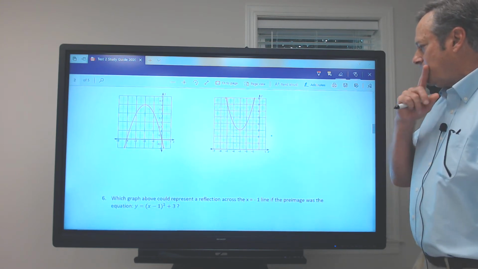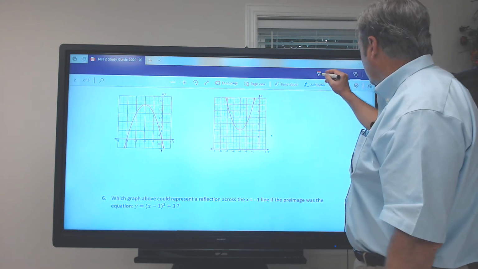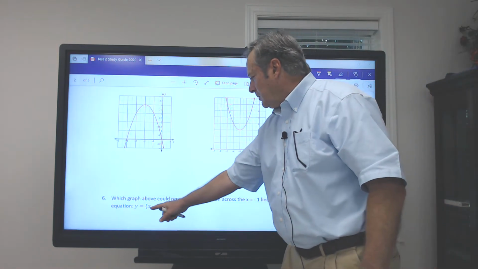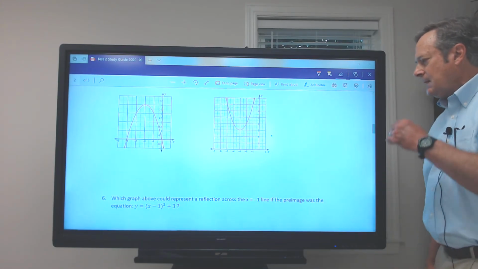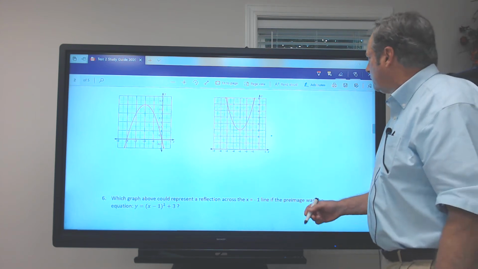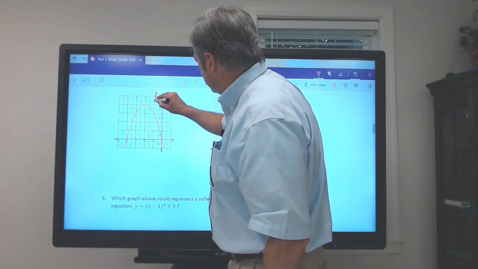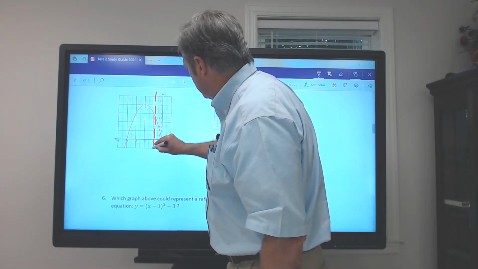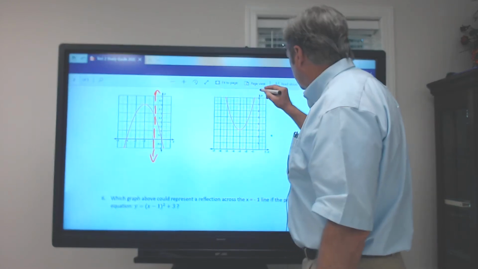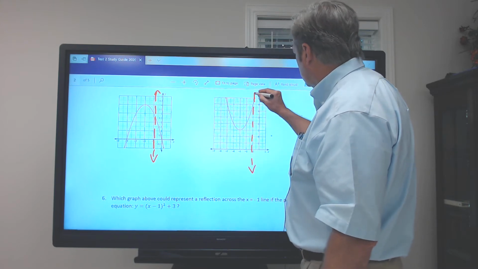Which graph above could represent a reflection across the x equals -1 line, if the preimage was that equation? Well, first of all, let's draw in the x equals -1 line. All right, that's the x equals -1 line, and there it is here as well.